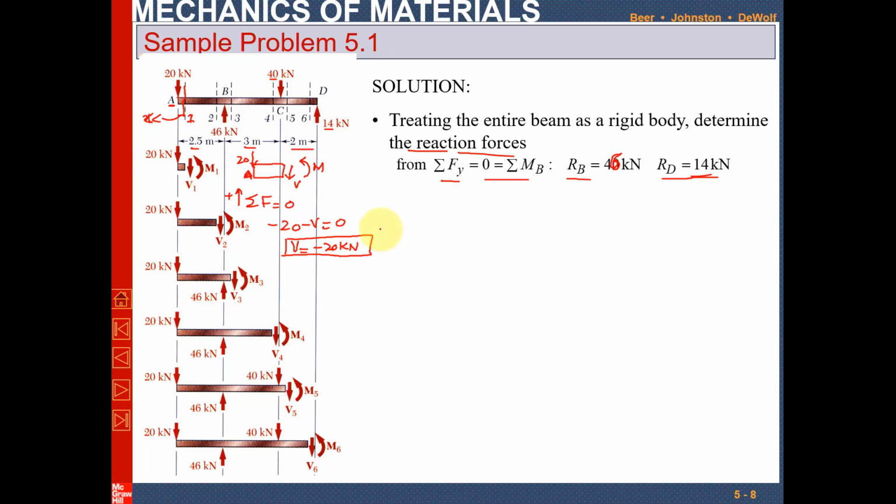And the bending moment, this M, at point 1: the moment about point 1 must be equal to 0. At point 1 there is an external moment acting as M1, clear, plus the moment produced due to this load, 20.